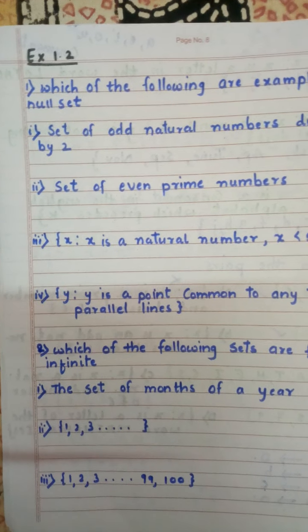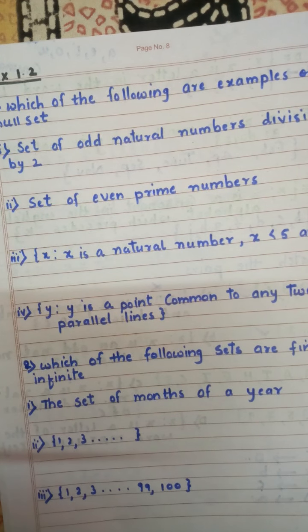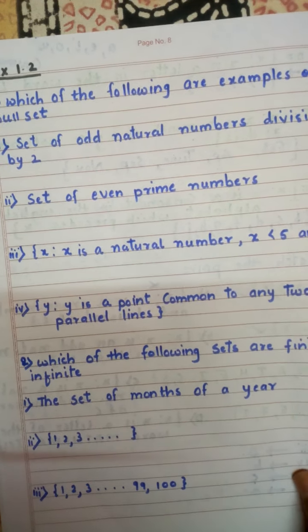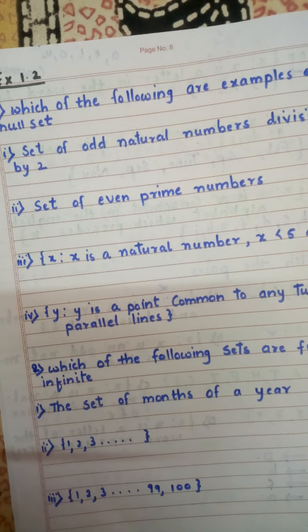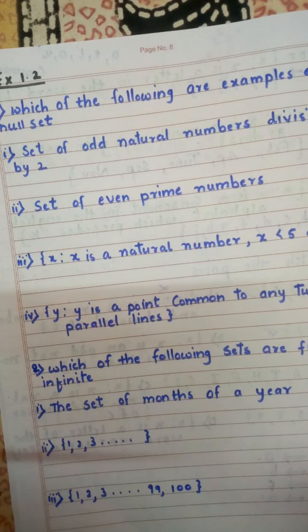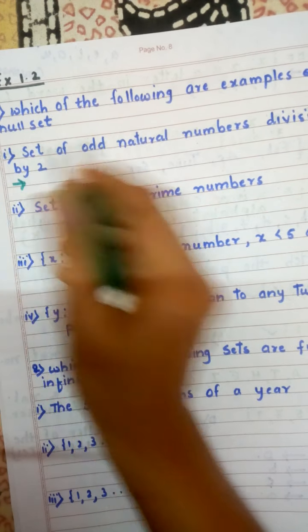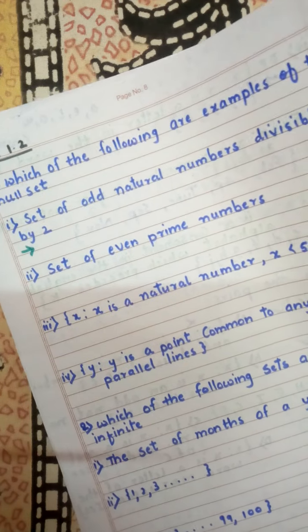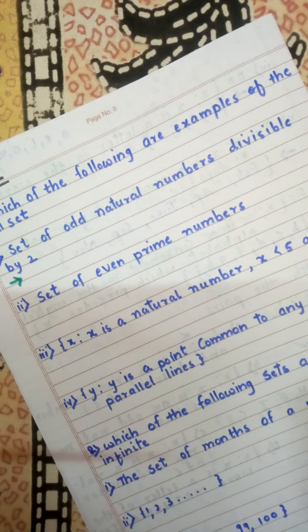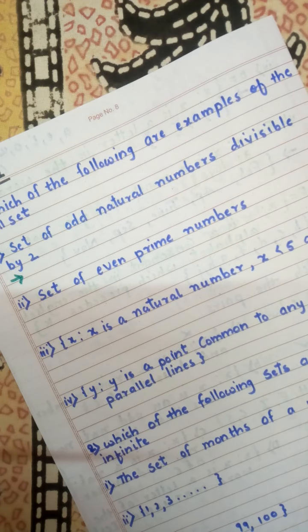Now the first one is the set of odd natural numbers divisible by 2. We know that odd numbers are not divisible by 2. Even numbers are divisible by 2. Therefore, in this example we will not get any elements in this set because odd numbers are not divisible by 2.